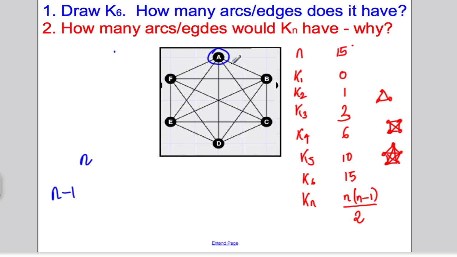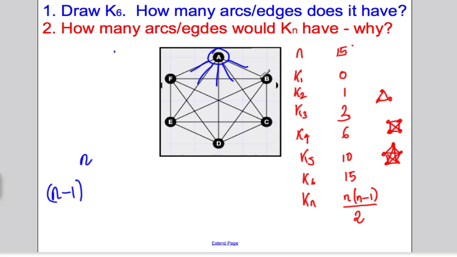So in this case, because there are 6 here, you need 1, 2, 3, 4 and 5 to connect to all the other nodes. So there are n minus 1 arcs needed. Right, now imagine doing that for each of these. If you did it for A, B, C, D, E and F, you did it for everyone, you would have to do it for however many there are.